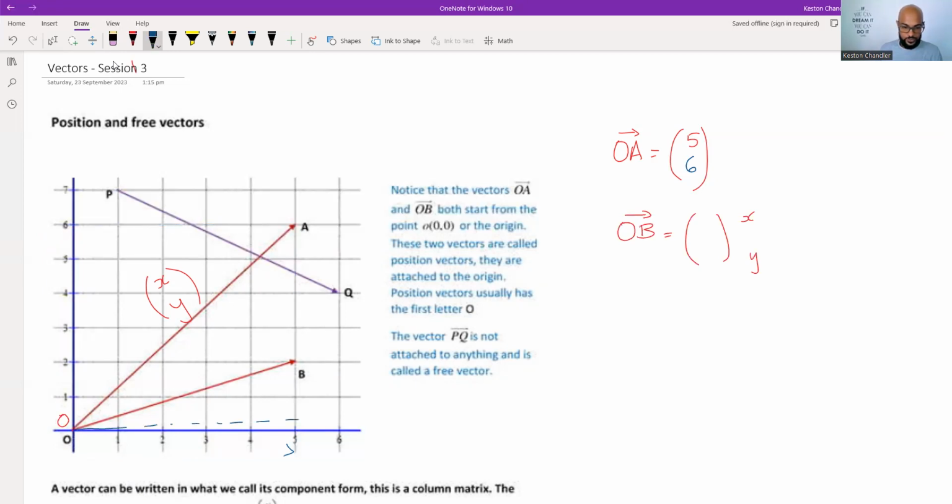So that actually lines up there. And then this way, this lines up there. So could you tell me what the vector OB is in our column matrix? You could write it in the chat or you could use your mic. If you're writing it in the chat, write it like this: whatever X is and whatever Y is. I'll understand.